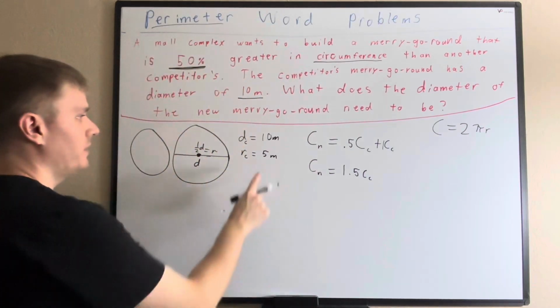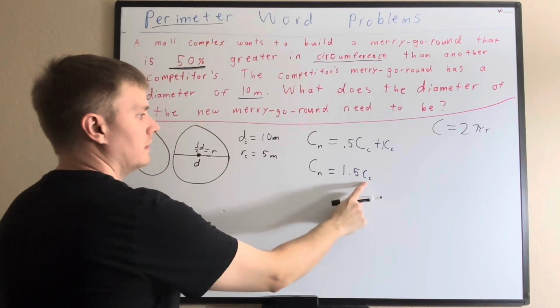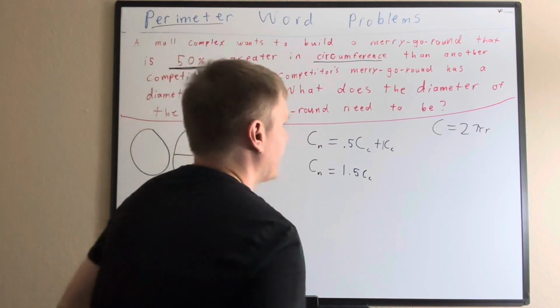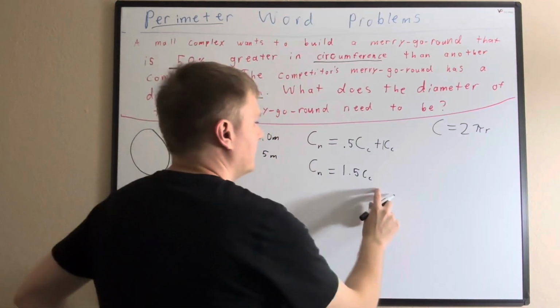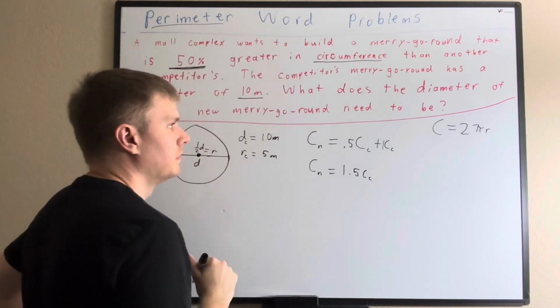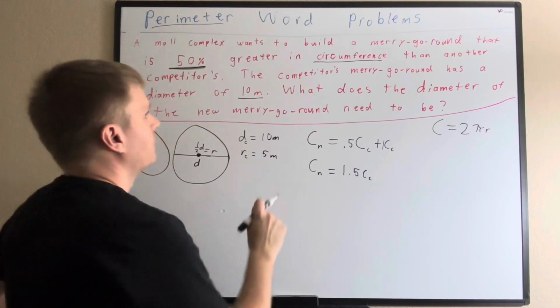All right, well, we have the radius of the competitor's circle, so we can actually find the competitor's circumference there. And what are we looking for here?